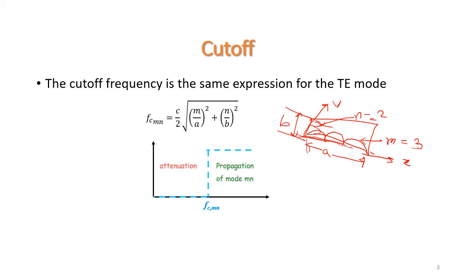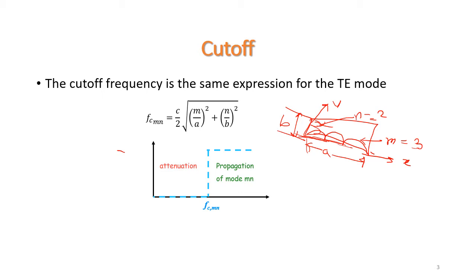Now, as we defined, the cutoff frequency is the lowest frequency that can propagate through the waveguide. Above this cutoff frequency, all frequencies can propagate through the waveguide. If you draw a frequency versus attenuation graph, it will look like this. This blue dotted line shows the frequency response.